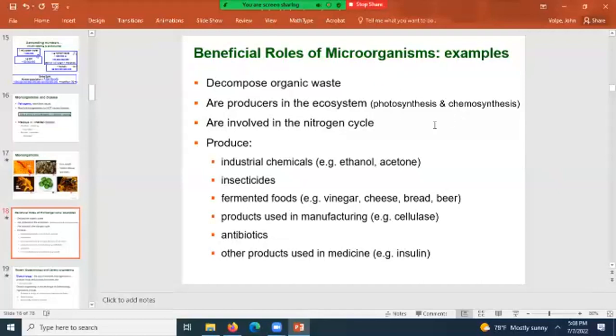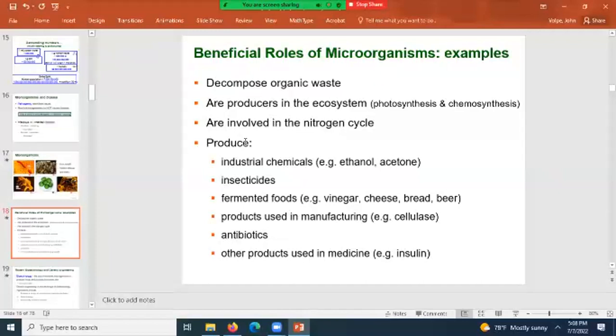But there are producers which use chemosynthesis to make their own food, where they can make sugar from carbon dioxide and water. Microbes are involved in the nitrogen cycle, and they're what's running the nitrogen cycle.